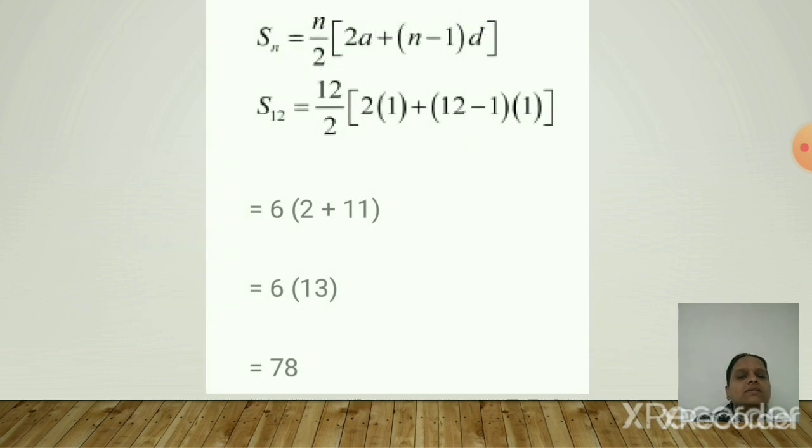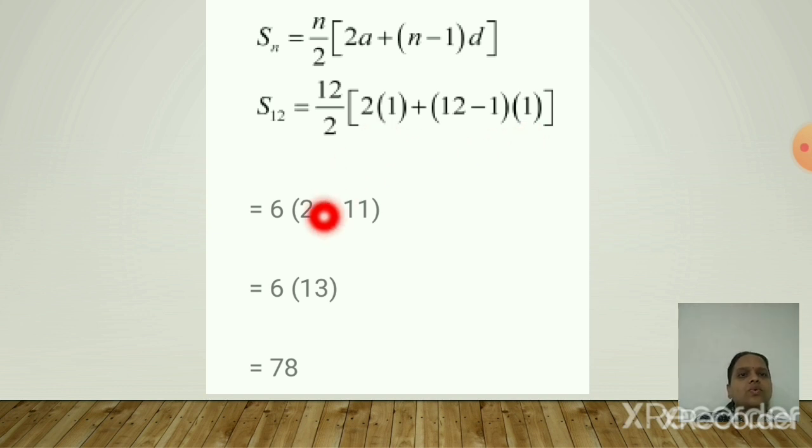Then, let us find out the sum of this. So, what is the formula? The formula is Sn equal to n by 2 in the bracket 2a plus n minus 1 into d. Let us substitute the values. We want to find the S12 value because there are 12 classes. So n is 12. 12 by 2, 2 into 1, first term is 1, plus 12 minus 1 into 1, common difference is 1.